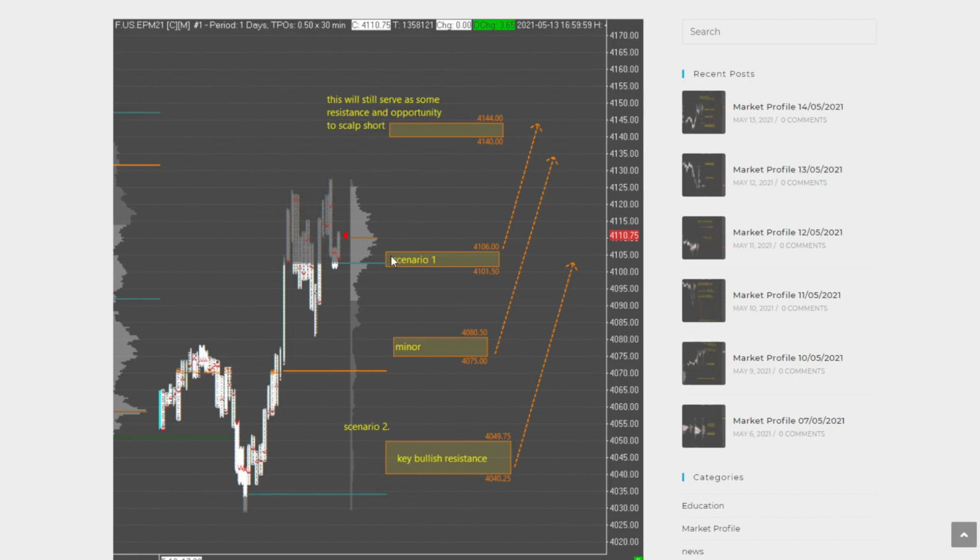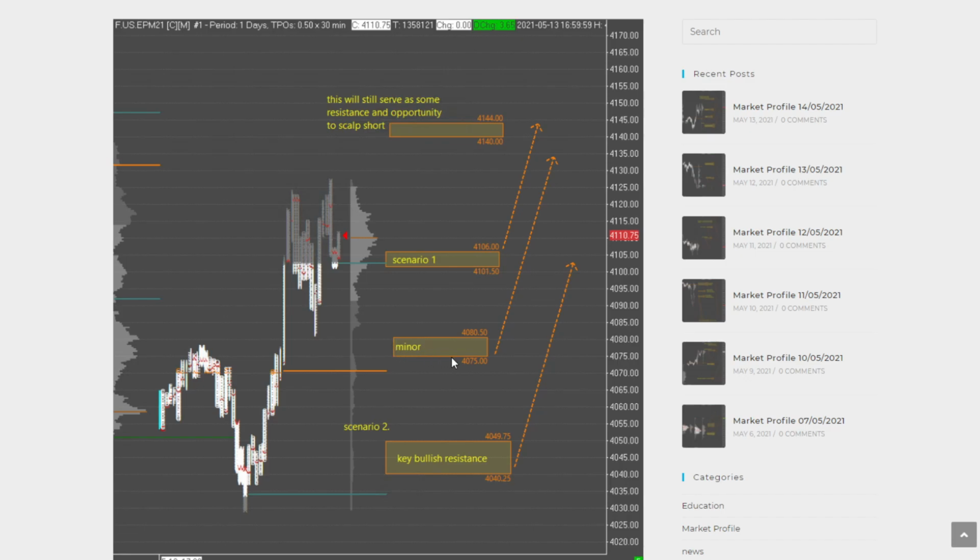And I want to get in either at the first scenario level or at the key resistance. It's actually support. So, or the scenario number two.